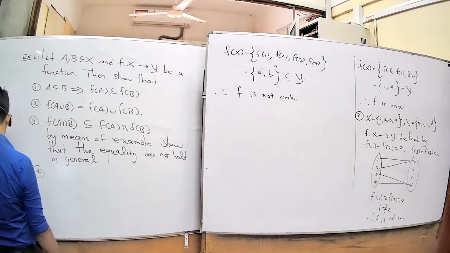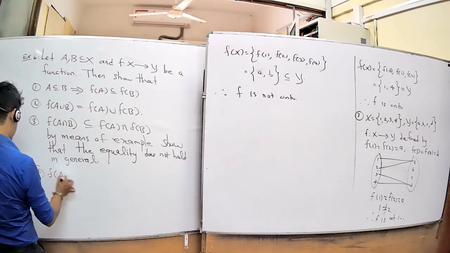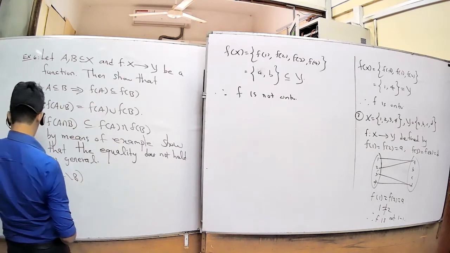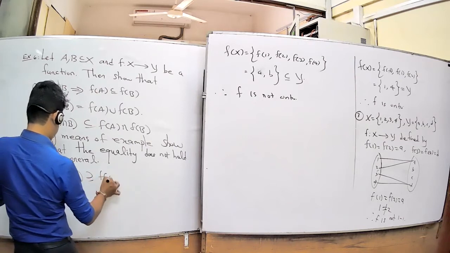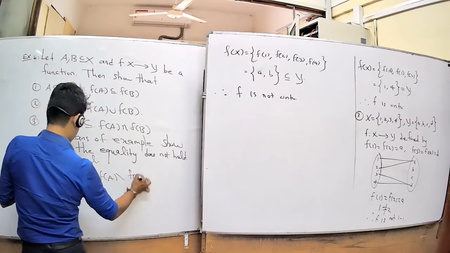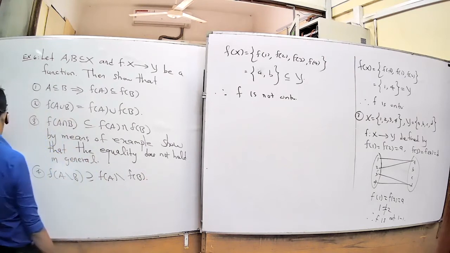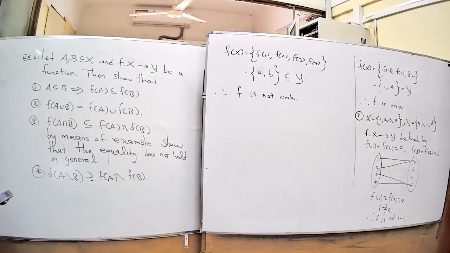Fourth part, f of A minus f of B is a subset of f of A minus B. Right. This is what we want to prove now.